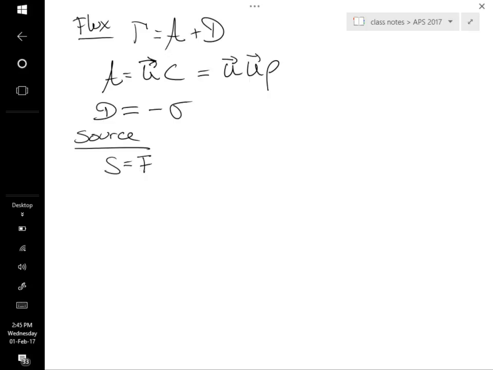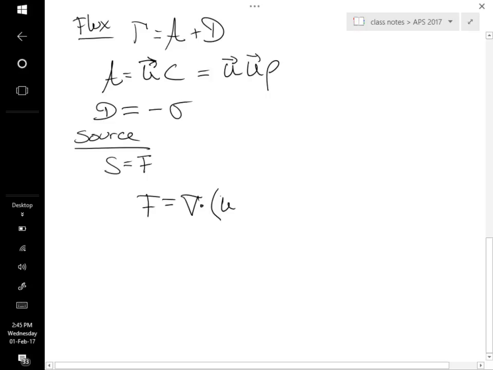So we can substitute this to give the governing equation. Let's resist labeling it; let's just do the substitution, and we'll call it F. One term is this velocity times density, and the other one is minus the stresses in the fluid.